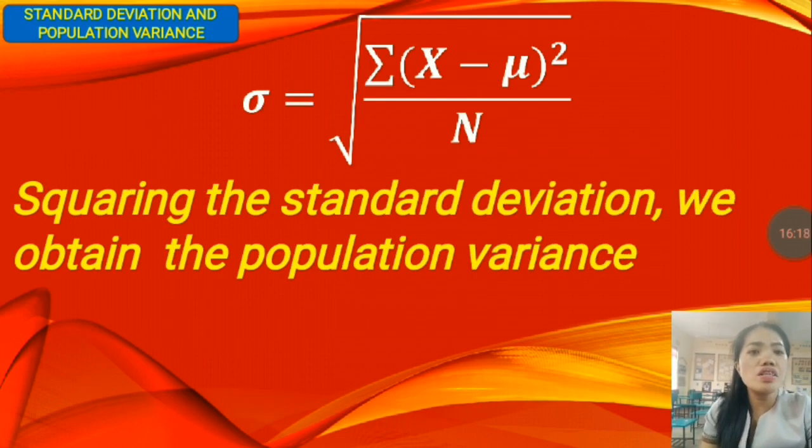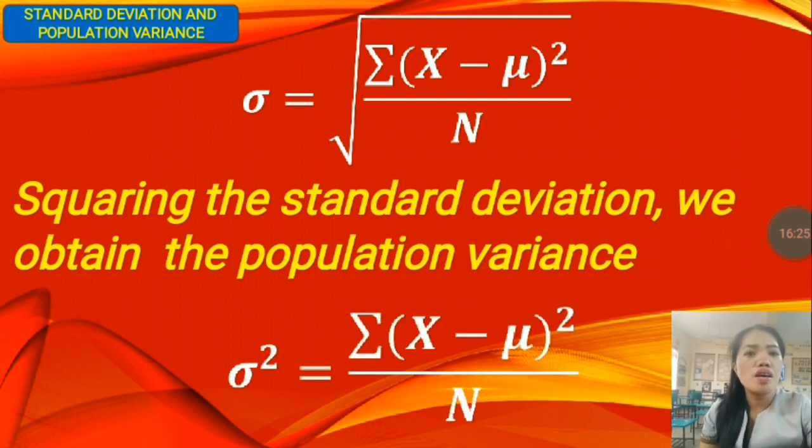And squaring the standard deviation, we obtain the population variance. Okay, so we have that. So just the standard deviation, and then if we square the standard deviation, we will just put a square on the symbol for standard deviation. That will give us the variance, and just simply extract the square root of the formula for the variance to get the standard deviation. So that is our population variance.